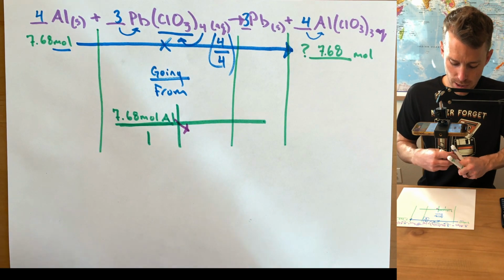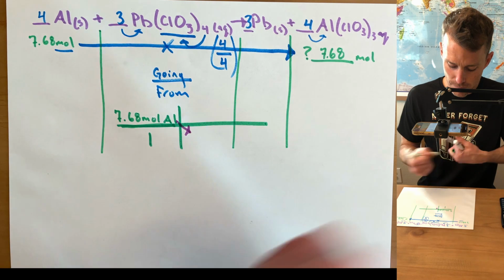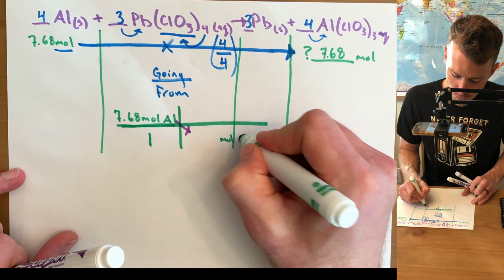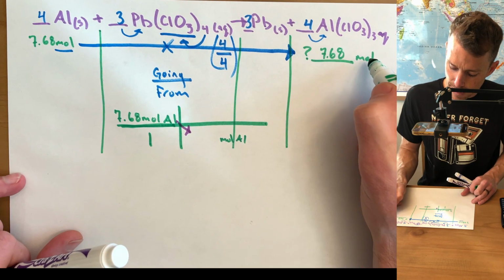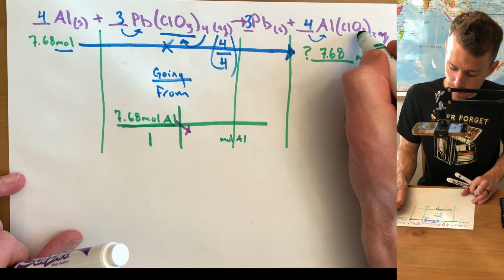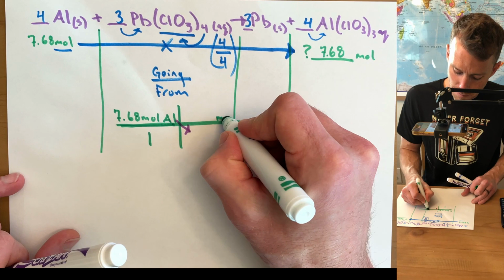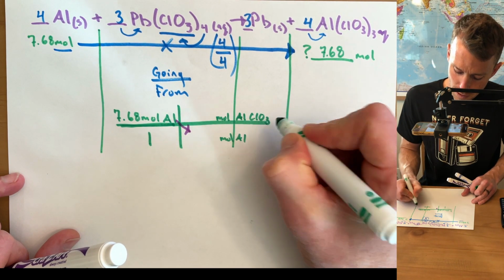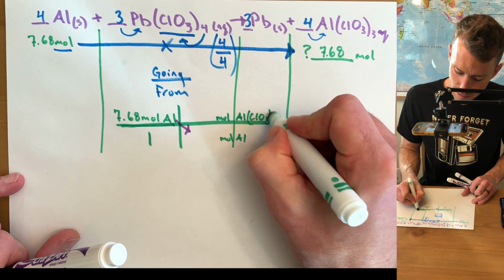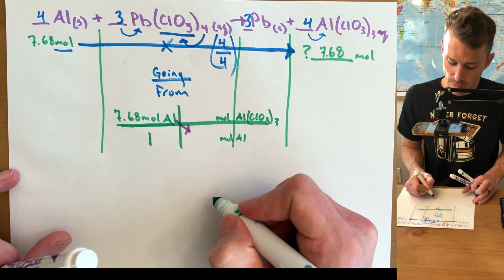And our units here are moles of aluminum. So I bring down moles of aluminum. And I say that I'm going to moles of aluminum chlorate. So I'm going to put moles of aluminum ClO3, 3 moles of aluminum chlorate.